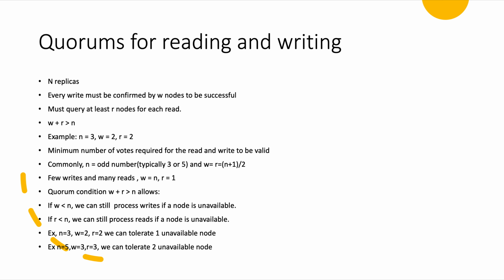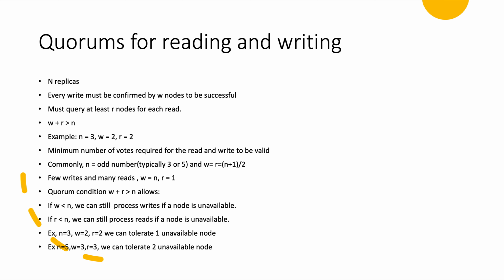Commonly, n is an odd number, typically 3 or 5, and W and R are equal to (n+1)/2. But in cases where we have few writes and many reads, we can have W equal to n and R equal to 1. That means the reads would be faster.